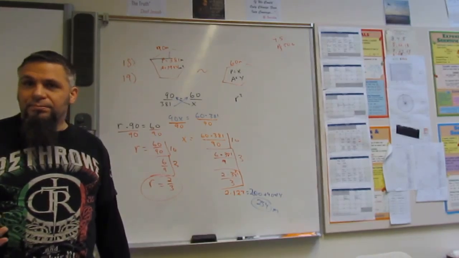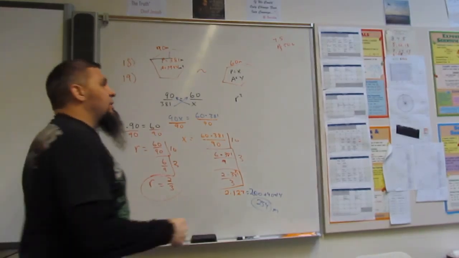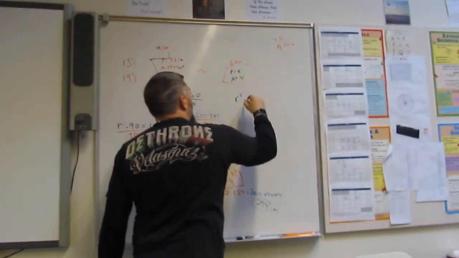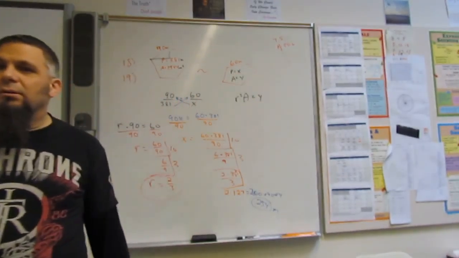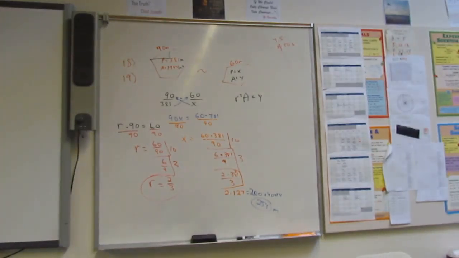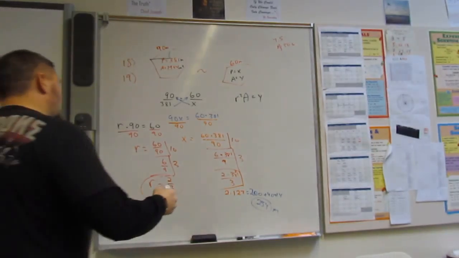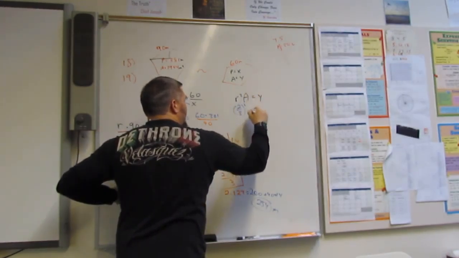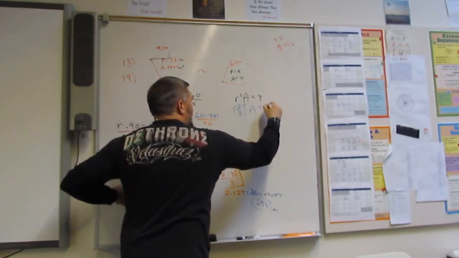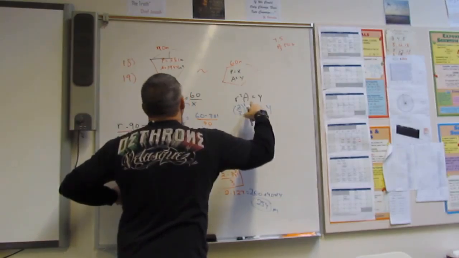And r squared multiplied against a is going to give us y. That's it. That's all it is to it. And so I take this r, so 2/3, and I square it times the A, and it equals y, right?